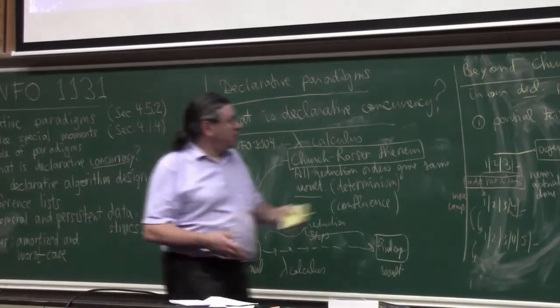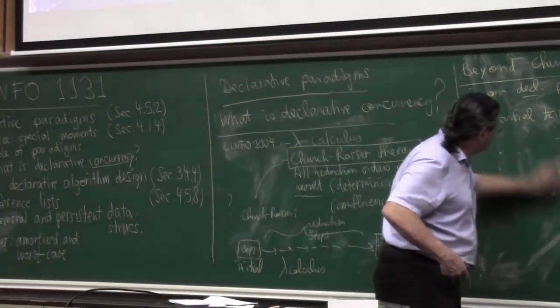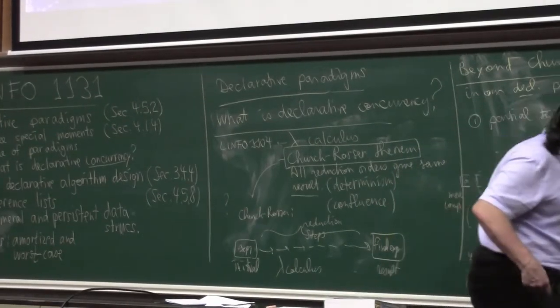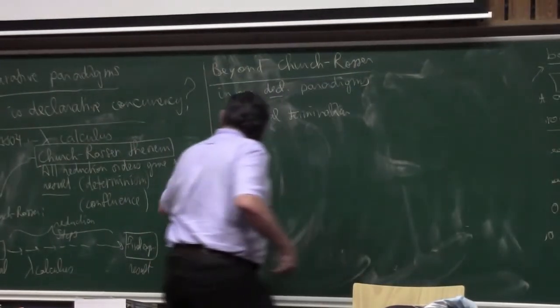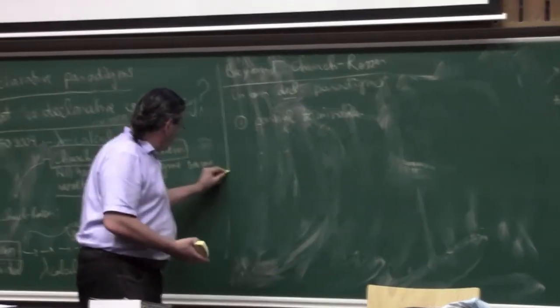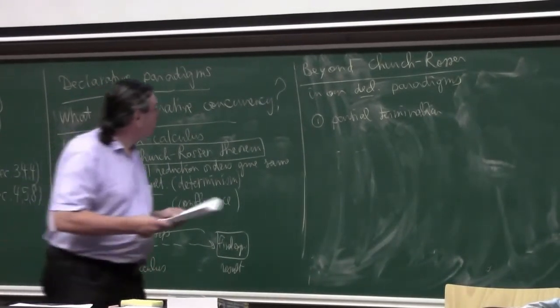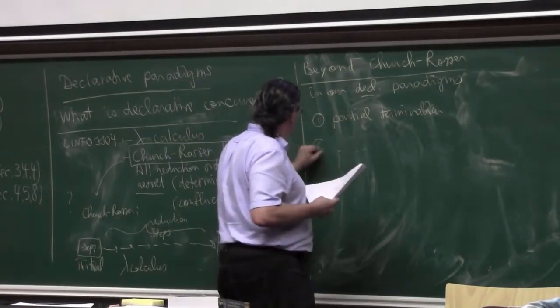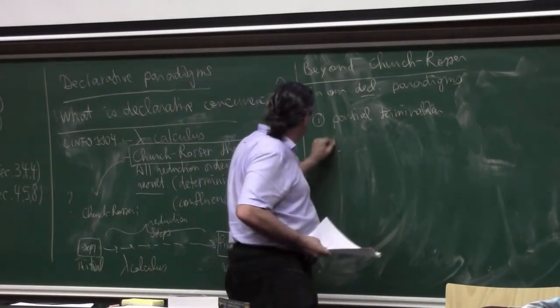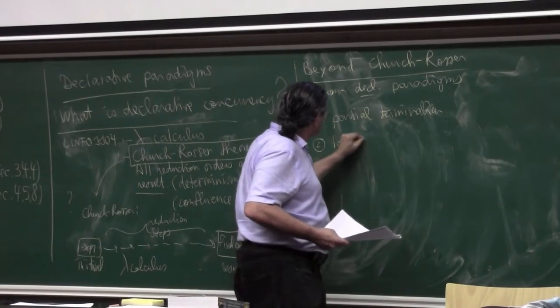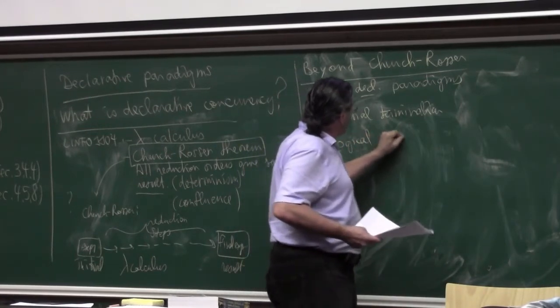So the first one here is partial termination, but that's not the only way I'm extending lambda calculus. There's another extension. I will call this one logical equivalence, so you'll see why.